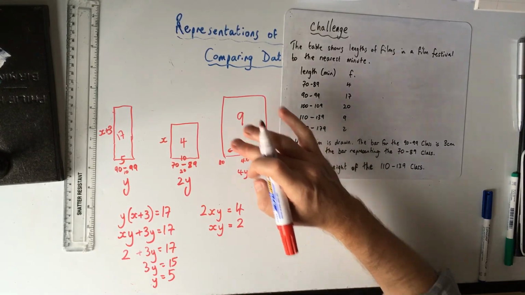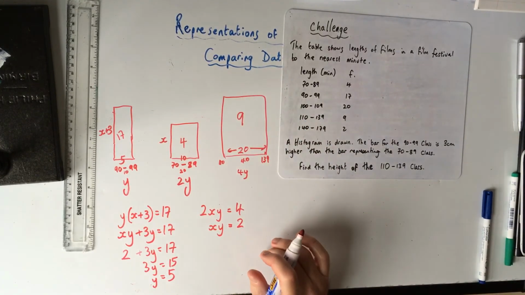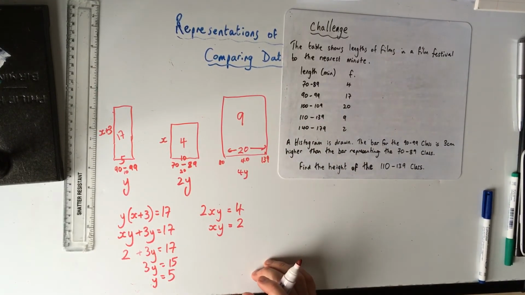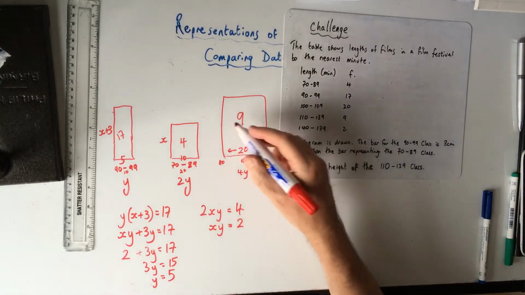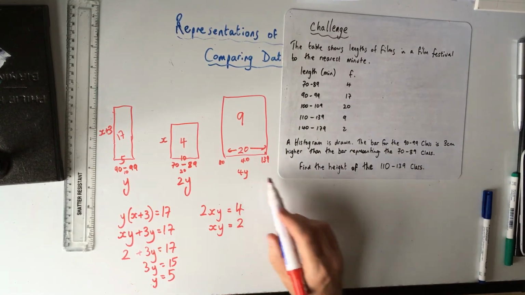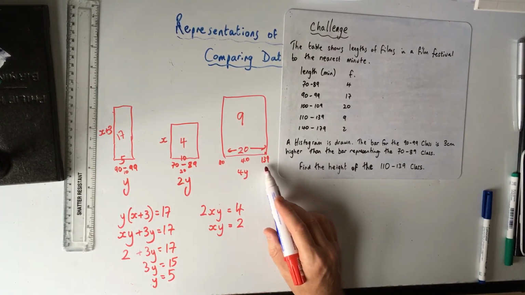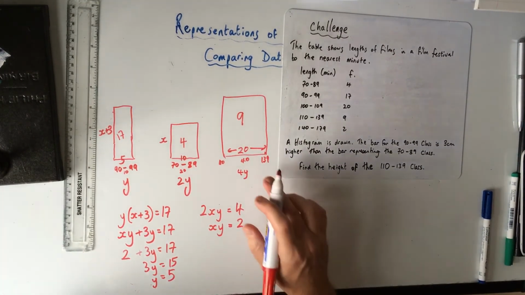Okay, so 20 times what is 9? I've done this right, 9. Yeah, okay, so therefore the height of this bar, hold on a minute, I've done this wrong here, haven't I?